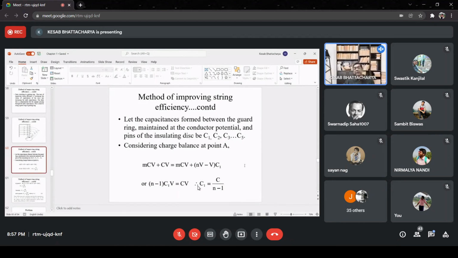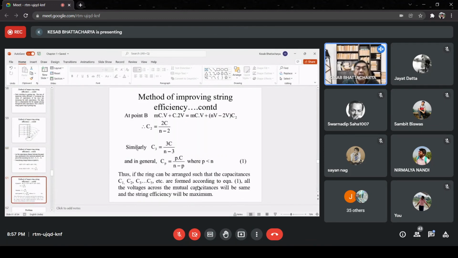Somebody should tell me whether you have understood this derivation up to this point. C1 is equal to C by N minus 1, or not. Yes, sir. Okay.